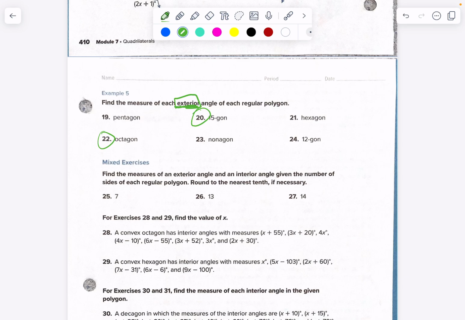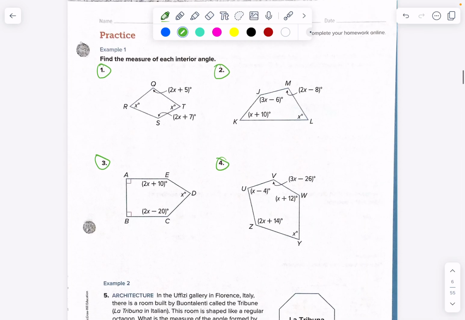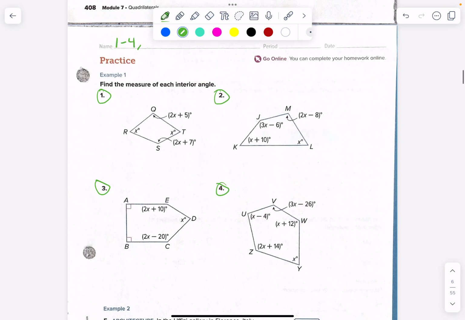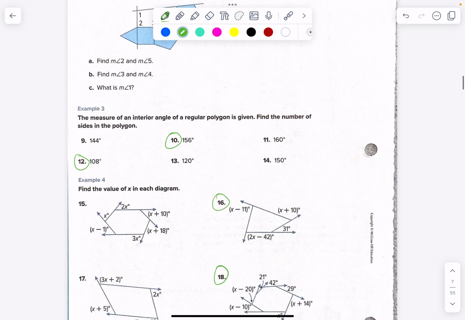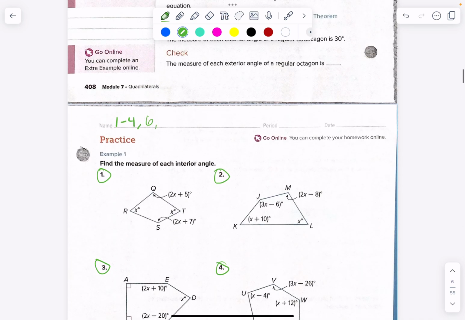Yeah, that'll work. All right, so let me go back through those again. 1 through 4. We'll go number 6, and 6, 8, 10, 12, 16, 18.